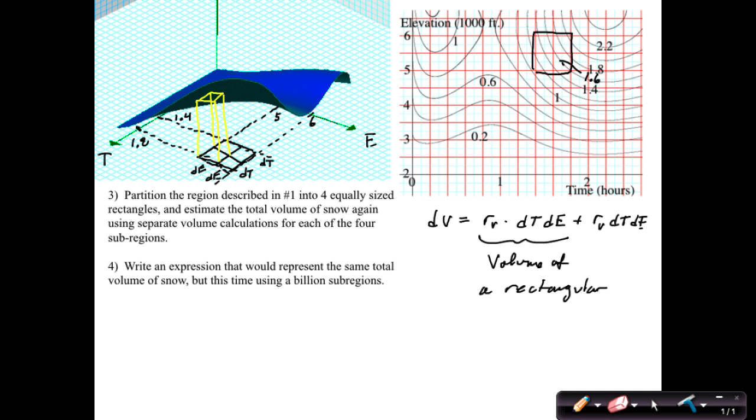That's not as meaningful as we know rate times change. Rate times change in independent gives us a little change in the dependent, in this case volume. That's more meaningful, but it's equivalent to this geometric representation of the volume of a rectangular prism, or like a rectangular tower.